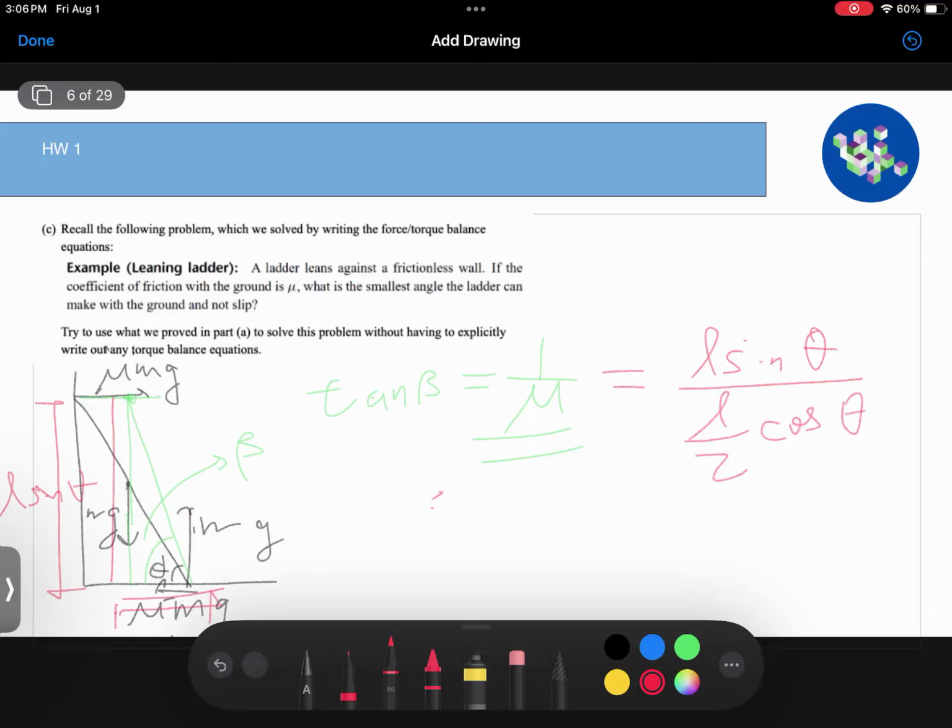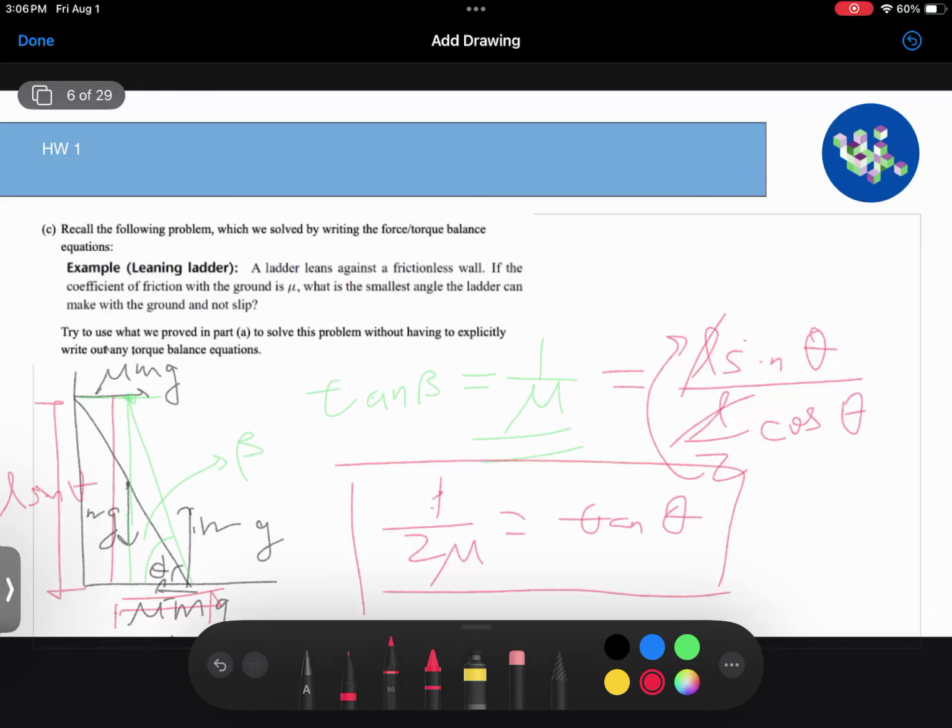If those two L's cancel, and the cosine goes up to the top, we have 1 over 2 mu equals tan theta, which is the same conclusion that we got in class last time when we used force and torque balance. But this time, notice how we applied the theorem that we proved in part 1a, that the extensions of the net force vectors have to be concurrent. And we're getting the same answer here, which is good, because it means it works.